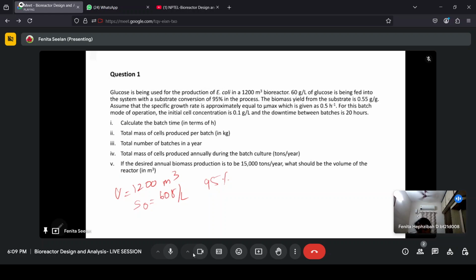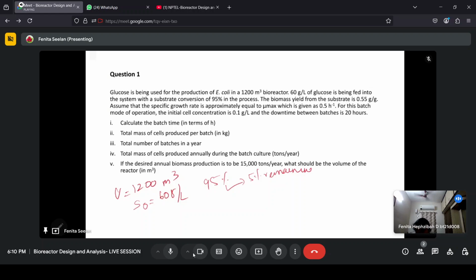So 95% is converted means 5% is remaining. 5% of the S naught is remaining, right? So 5% of your S naught is equal to SF, which means 0.05 into 60 gram per liter, which is nothing but 3 gram per liter.